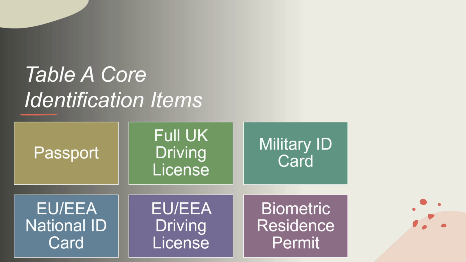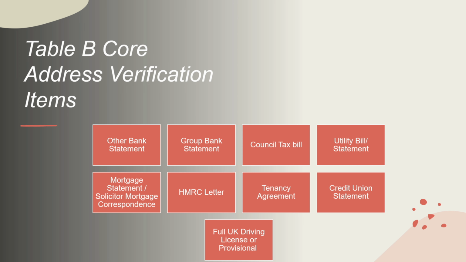Right, on Table B, core address verification items, you have 9 options, and you only need to have one of these. You can either use a bank statement from a different bank that you might have been banking with in the past.